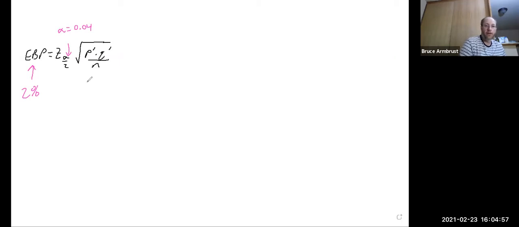We also know P prime, right? We were told that we should expect that equals 0.67. So we know that number, which means we can also get Q prime. What's the numerical value for it?